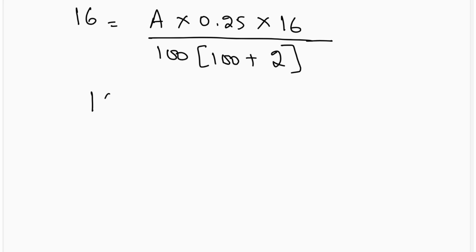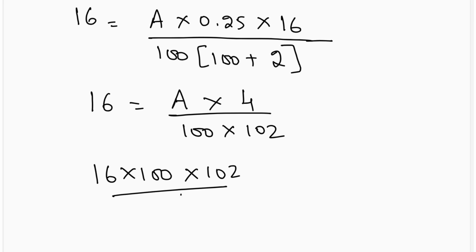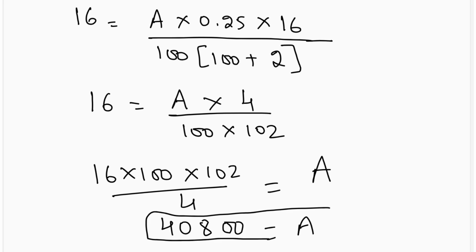Further if you simplify, you will get 16 equals A into 4 divided by 100 into 102. If you cross multiply, this becomes 16 into 100 into 102 divided by 4, that will be equal to A. If you simplify this, 40,800, so that will be the A value. So the amount will be 40,800.